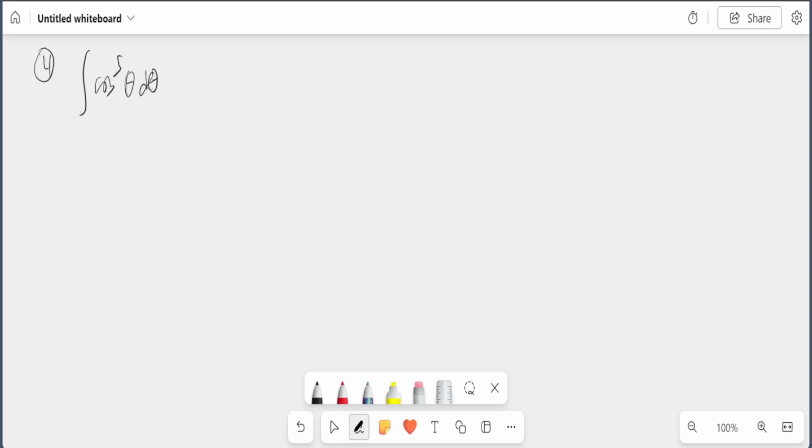Okay. So I'll just use theta. What I would do here first is I would probably make that 1 minus sine squared theta cosine cube theta d theta. And then I would distribute it out.